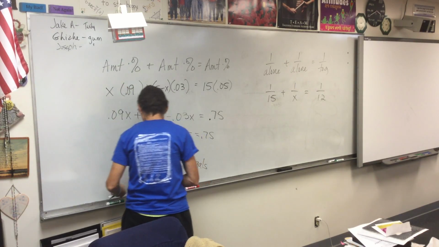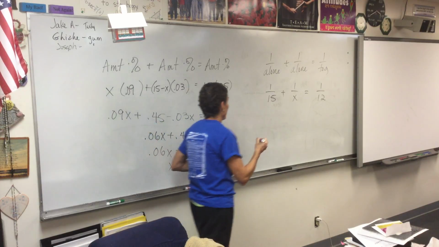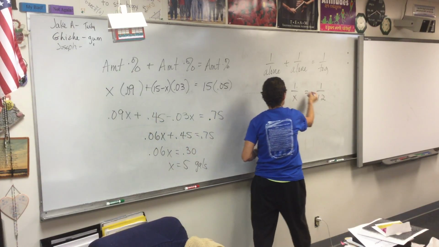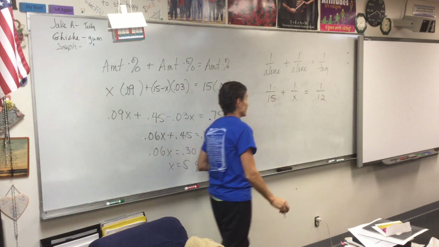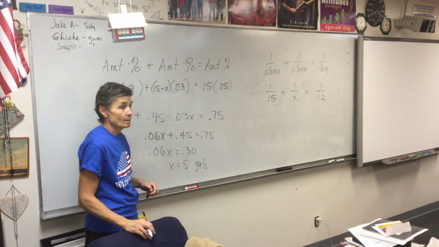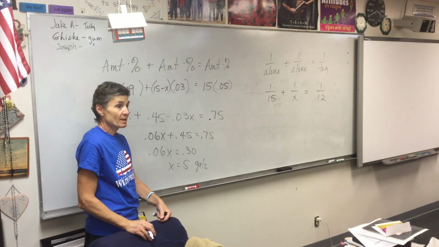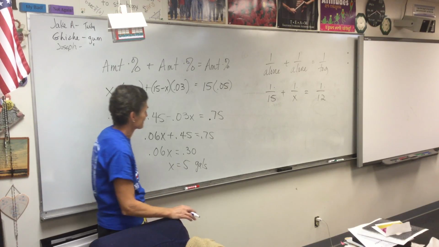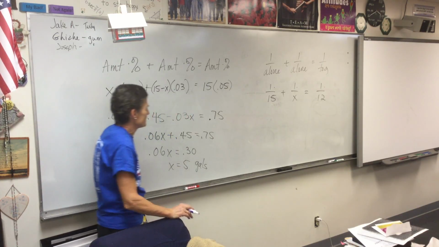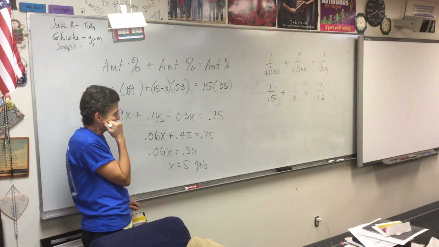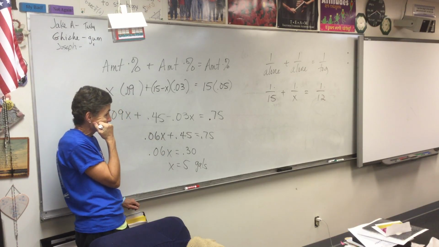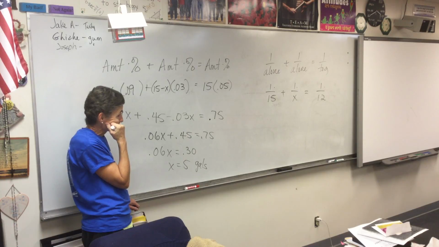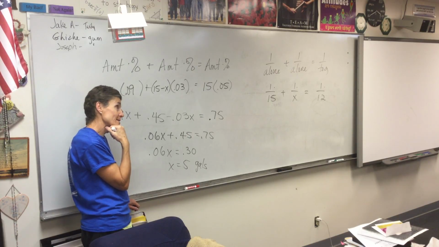Anybody remember what we did? We multiplied. What am I going to multiply by? Something that's going to cancel out 15, 12, and x. So what will cancel out 15, 12, and x? Well, there are lots of numbers.